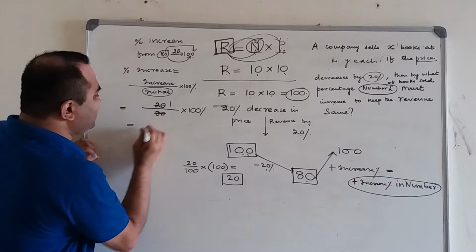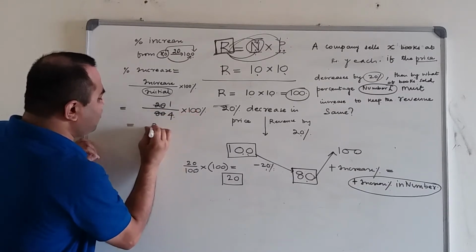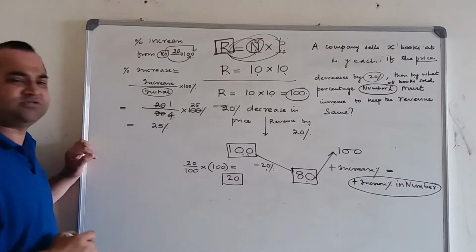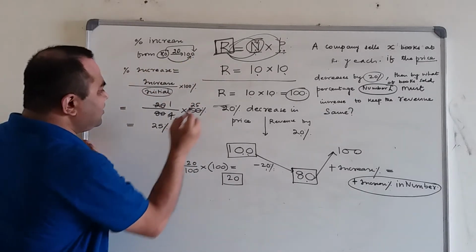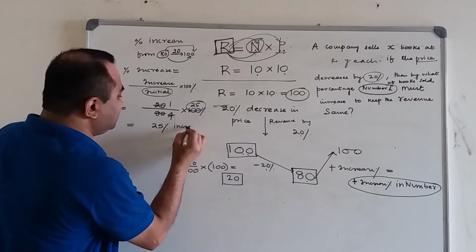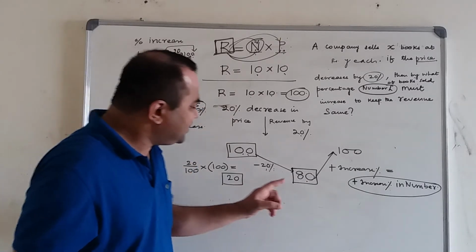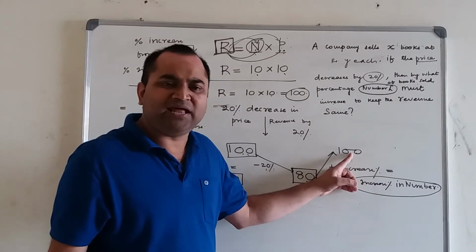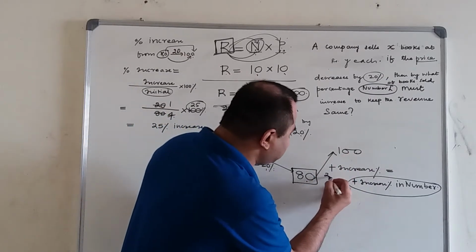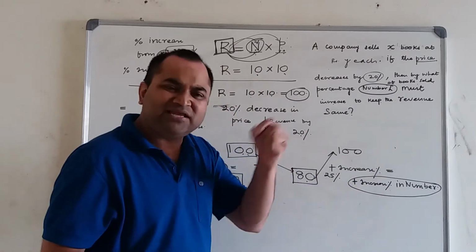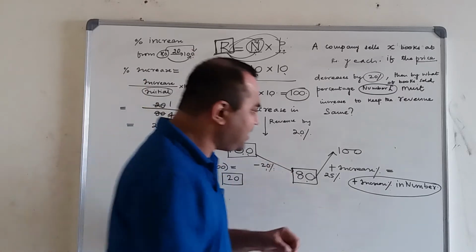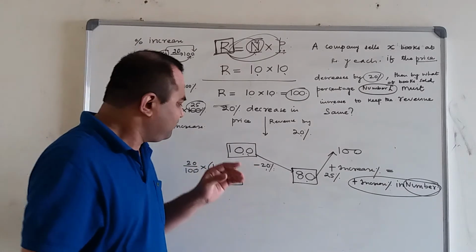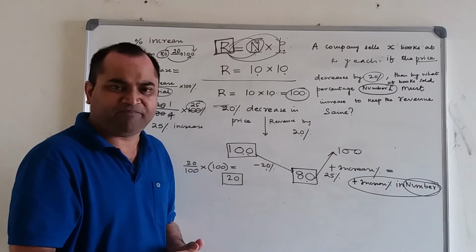Let us divide. 20 divides 80 4 times. 100 by 4 is equal to 25. So from 80 to 100 there is a 25% increase. That means the decreased revenue 80, to rise back to the original revenue 100, must increase by 25%, and this increase will be brought about by an increase in the number of books sold to compensate for the decrease in the price of each book.